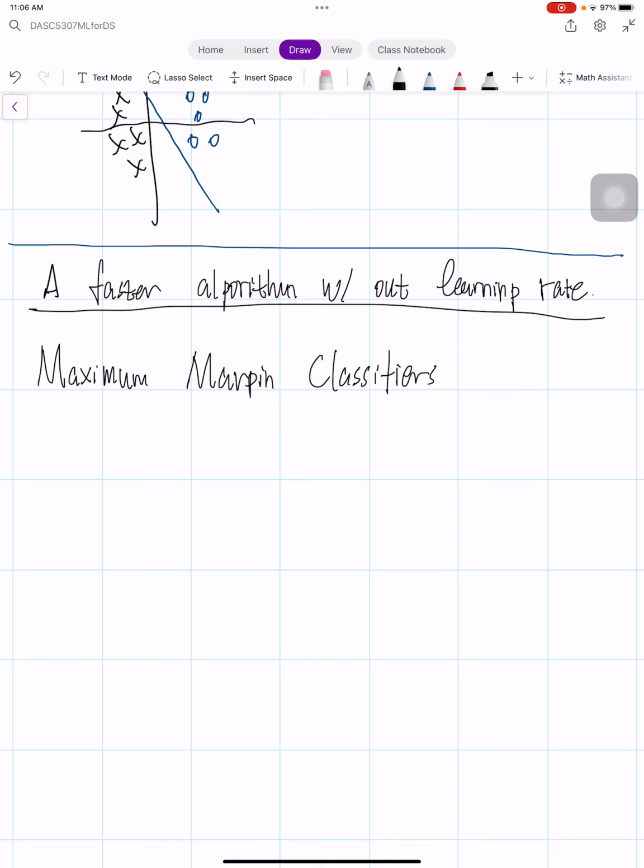It's also called the hard margin support vector machine. We will learn more about the support vector machine in the future lectures, but this is definitely a first support vector machine we can use.